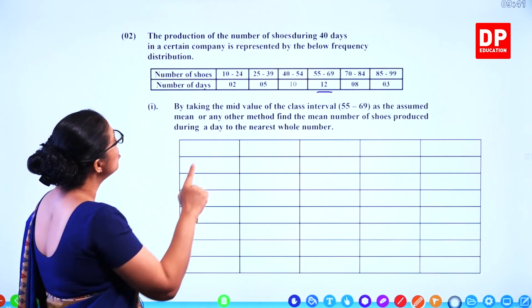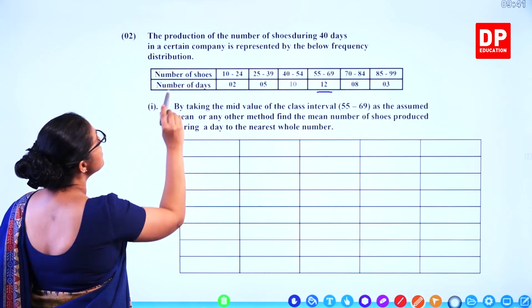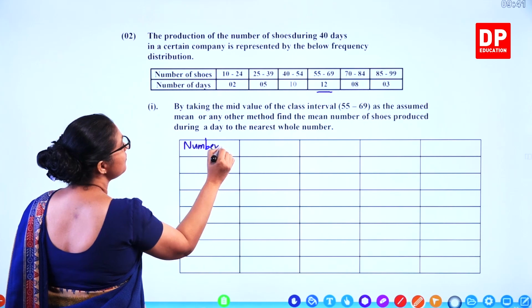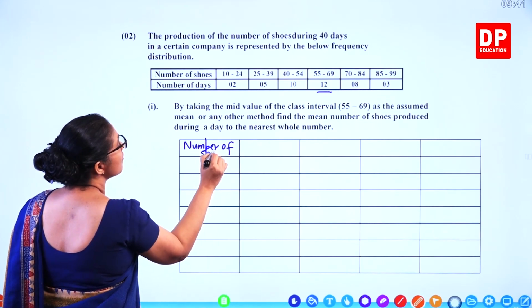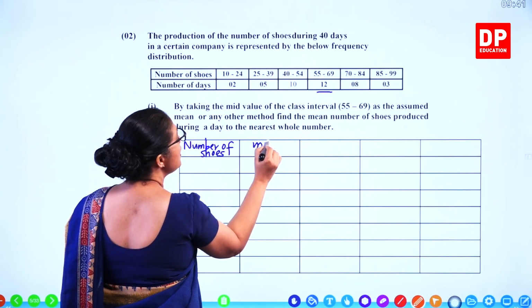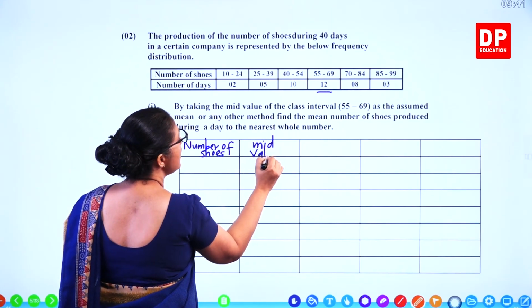So we'll do the table first. Here is the number of shoes, and we have to find the mid value of each interval.